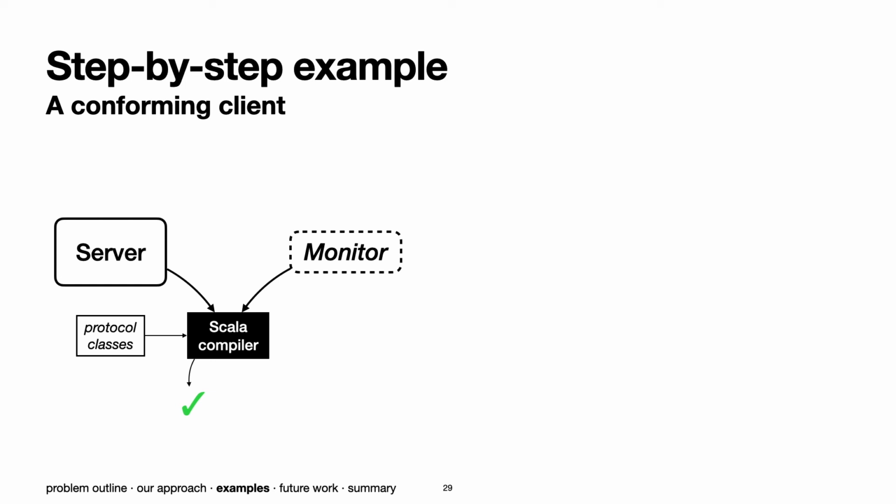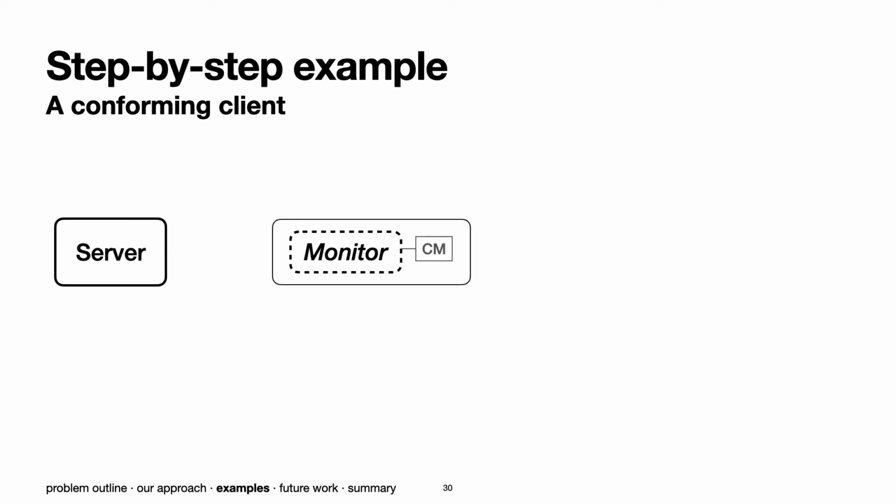The implementation of the monitor and the server using the library lchannels are passed to the Scala compiler together with the protocol classes, and since the result of the compiler is successful, we can ensure that the server conforms with the expected behavior. Next, we develop the connection manager, which translates HTTP requests to the format used by the server and the monitor, and vice versa for the HTTP responses. And then we deploy the server.